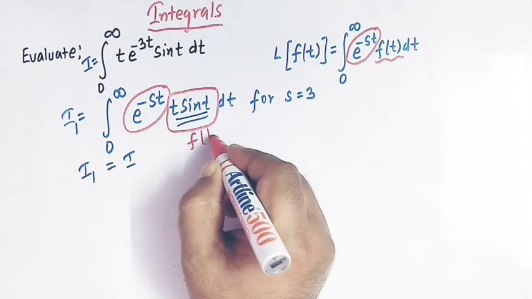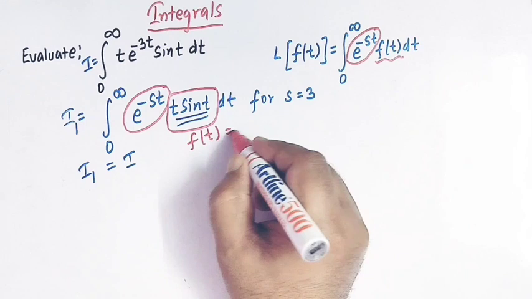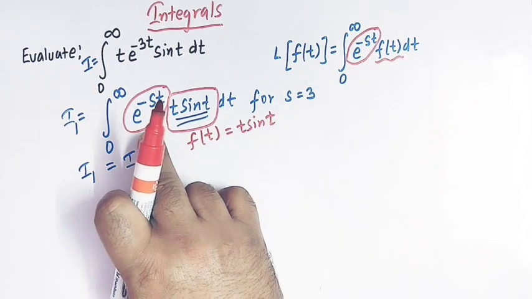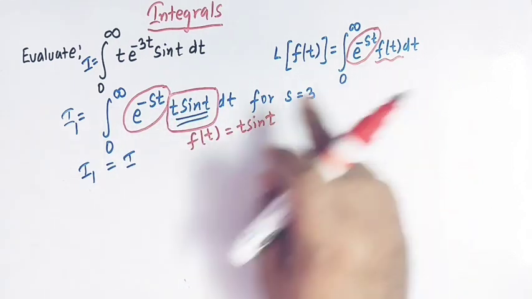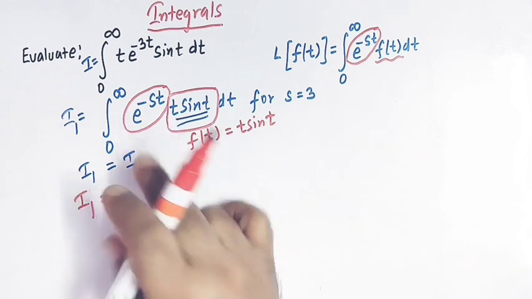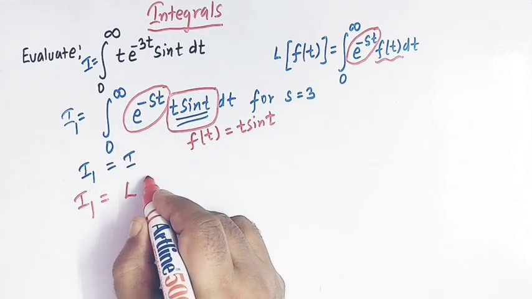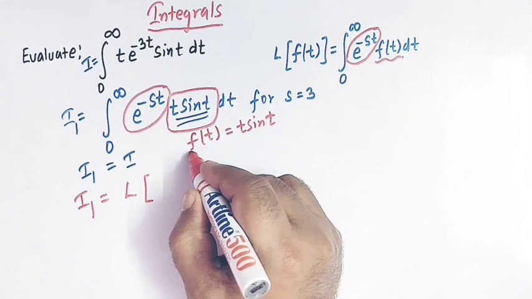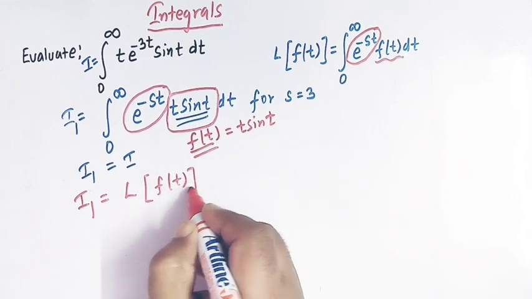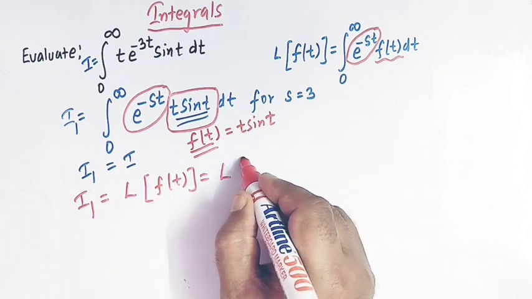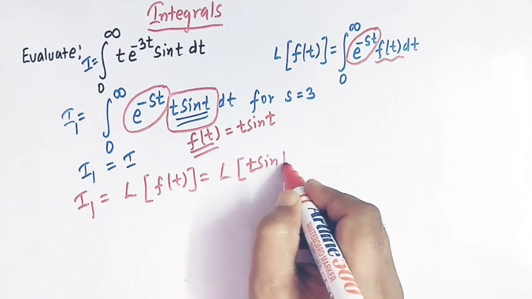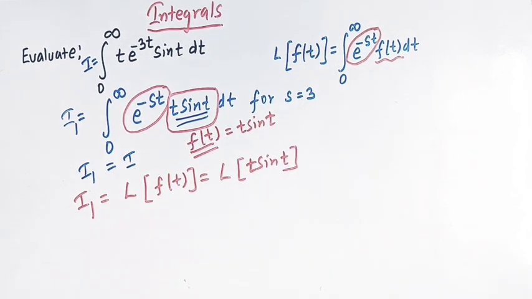So here we have f of t as t sine t, right? So now if we compare this integral with this one, then we can readily see that I1 is nothing but the Laplace transform of this function f of t, right? And we can now write this as Laplace transform of t sine t, right?